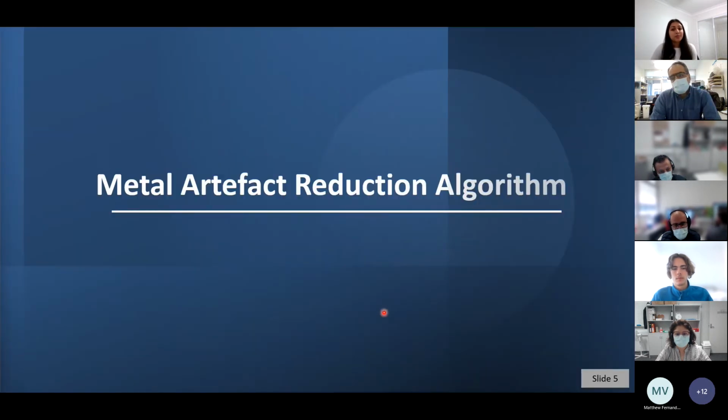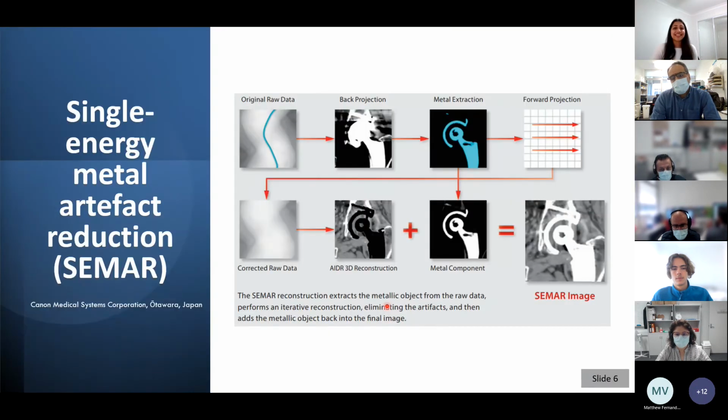And there are several commercially available MAR algorithms currently available, and one algorithm that uses sinogram inpainting technique with iterative reconstruction is the Single Energy Metal Artifact Reduction, or SEMAR, by Canon Medical Systems, previously known as Toshiba American Medical Systems.